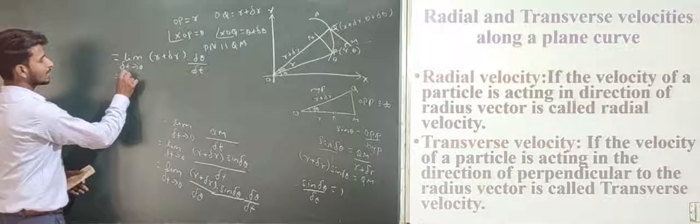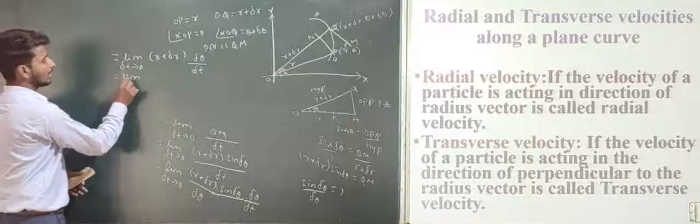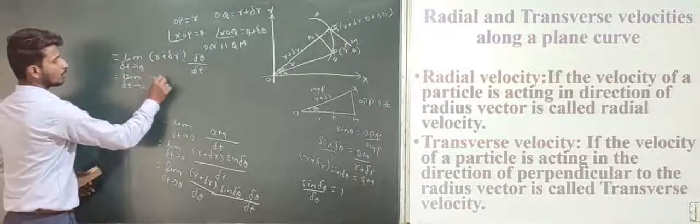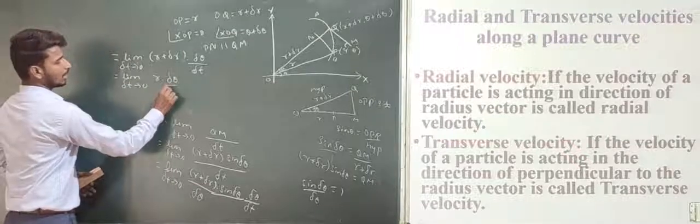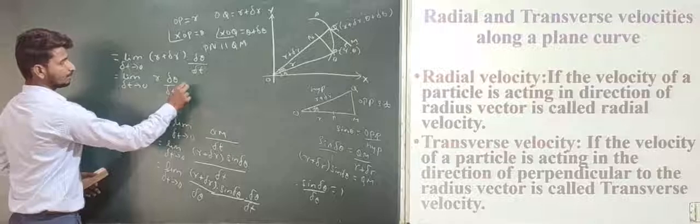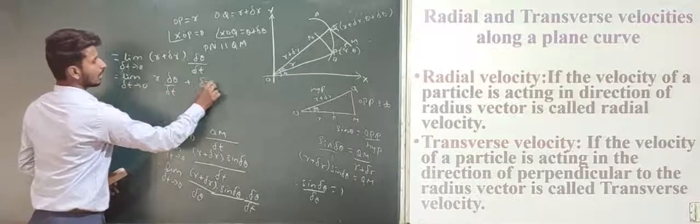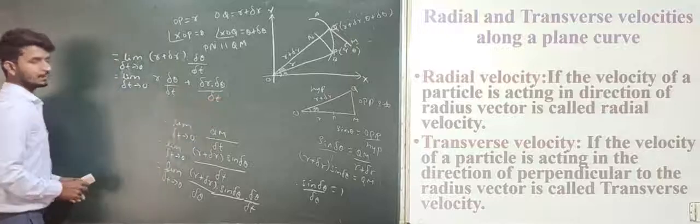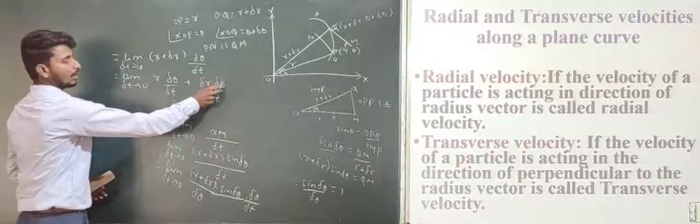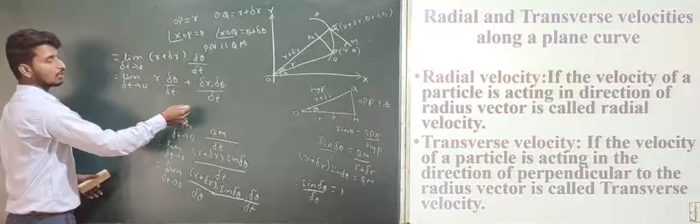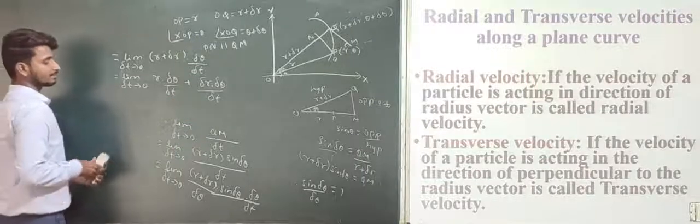If you multiply this, limit delta t tends to 0, R into delta theta divided by delta t plus del R into delta theta divided by delta t. Here the del R term is a small change in distance and angle, so we can neglect it.